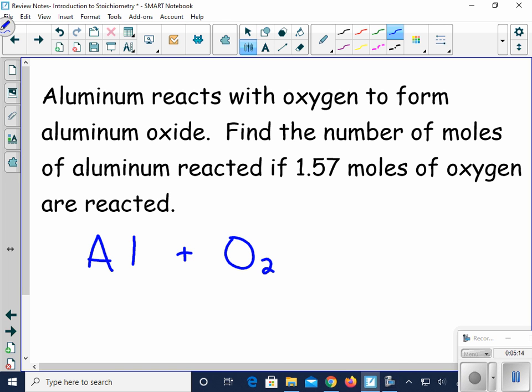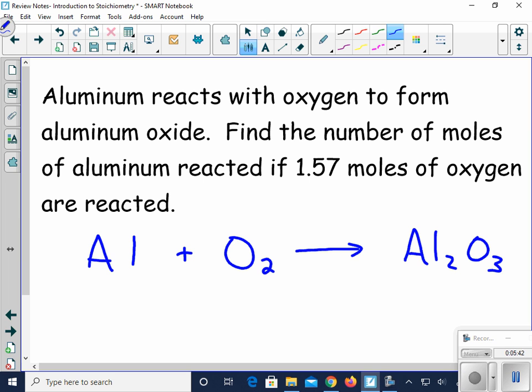So my aluminum reacts with oxygen to form aluminum oxide. Aluminum's a 3 plus, oxygen's a 2 minus. So there is my skeleton equation. Once again, knowing how important being able to write formulas is. I've been preaching that. It's important to be able to write these formulas ever since nomenclature.